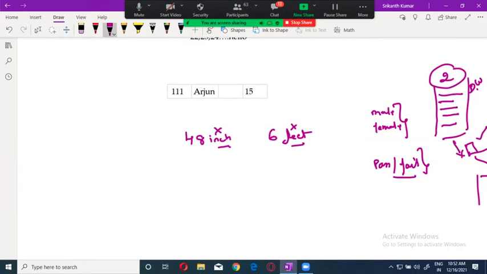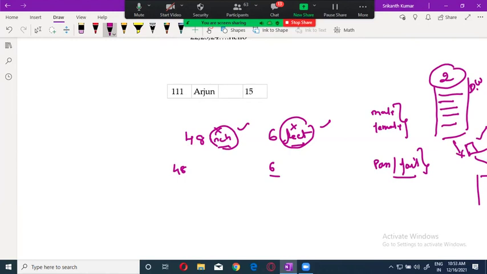If one guy says I am 48 inches and one guy says I'm 6 feet, and I want to select the tallest one, which one will I select? 6 feet. This feet is making the difference, and the inches too. Definitely it is important. So when I have inches and feet, how will I gauge it?